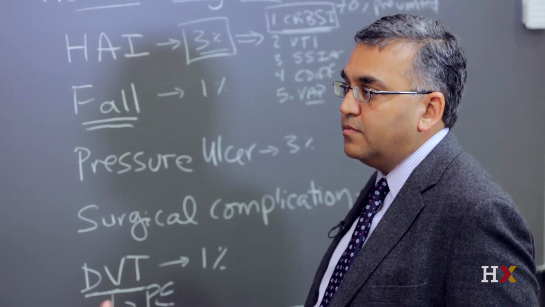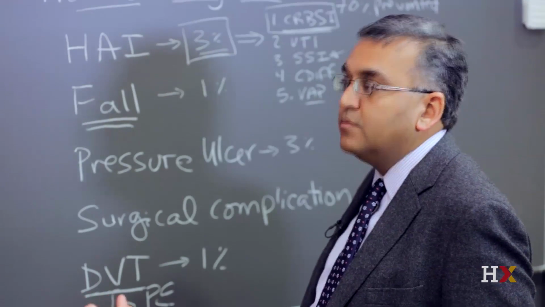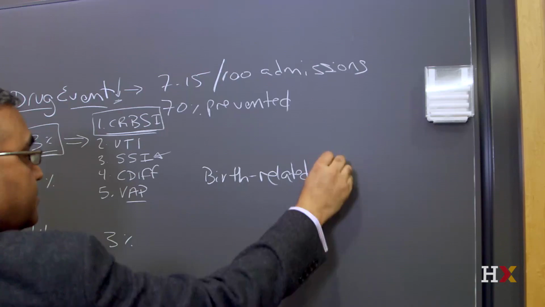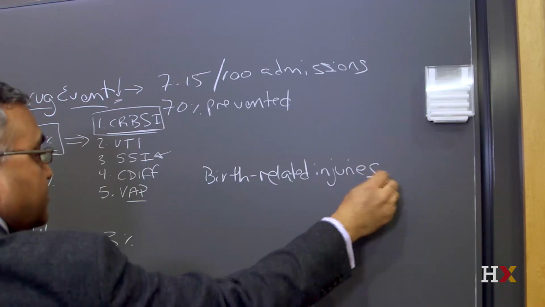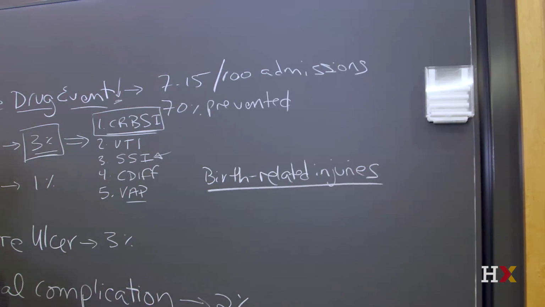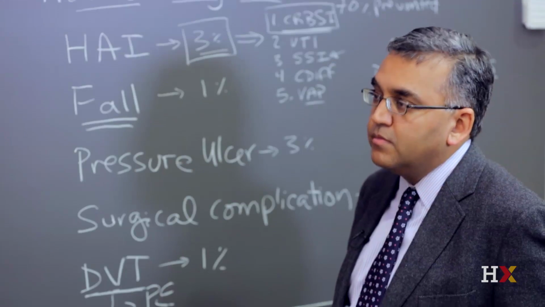Got it. The other broad category that we don't have on this list is birth-related injuries, and those are extremely important, especially in developing countries. One of the things that happens in developing countries is that birth rates are very high, so it's something that happens a lot, and yet the resources that we have to deal with things are somewhat more limited. And both fetal and maternal mortality rates and injury rates are substantially higher in developing countries.